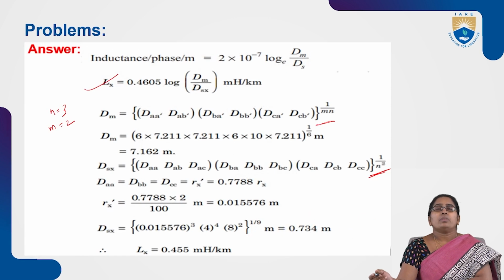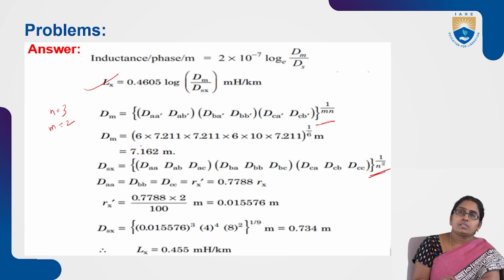So for the first conductor, the go conductor, DM is written between the conductors. In the go conductor we have ABC, and in the return conductor we have A dash, B dash. So between the conductors means between A and A dash, A and B dash, like that.